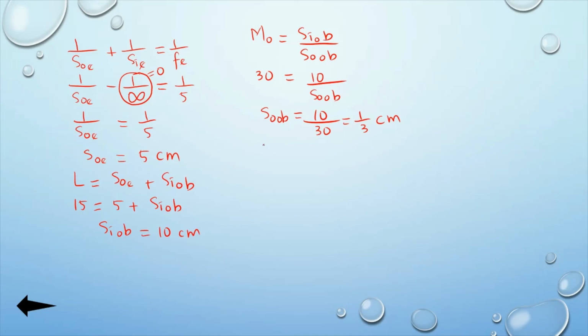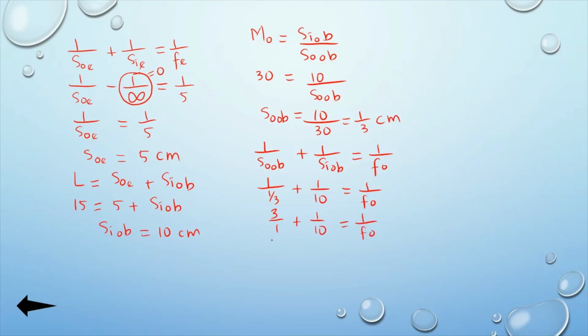Let's use the general equation 1 over SOOB plus 1 over SIOB equals 1 over FO. 1 over 1 over 3 plus 1 over 10 equals 1 over FO. 1 over 1 over 3 equals 3 over 1, plus 1 over 10 equals 1 over FO.